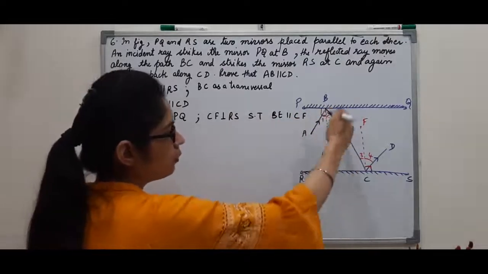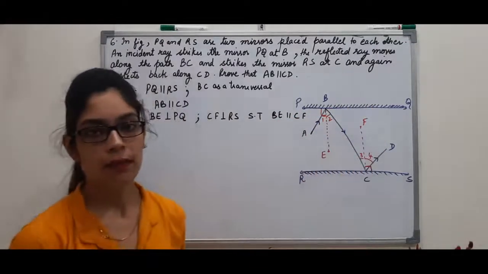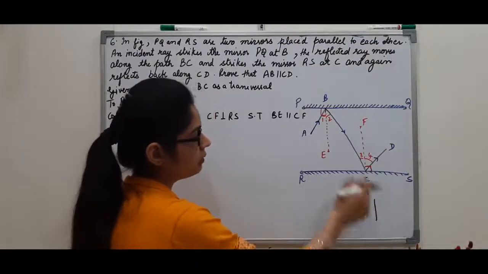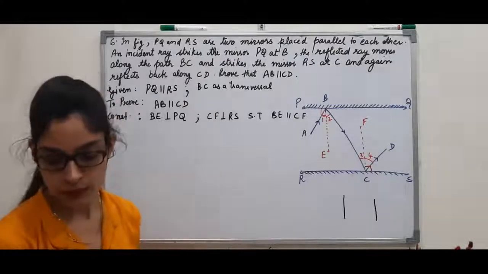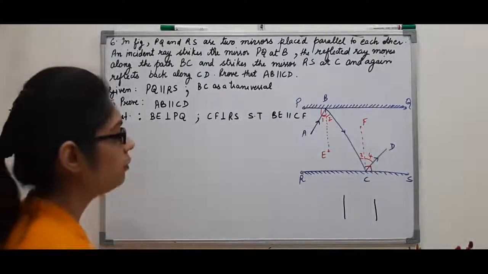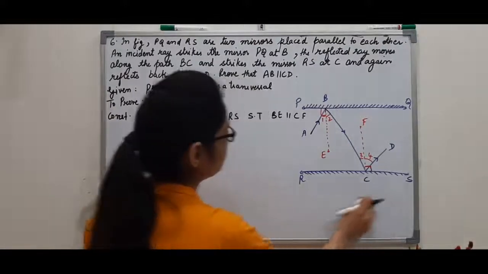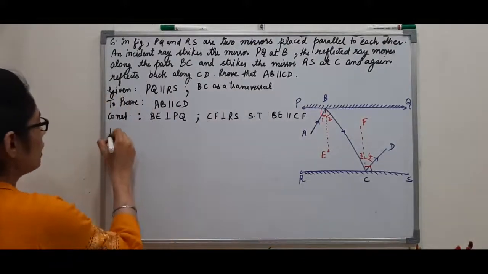See, because both of these lines are making an angle of 90 degrees. 90 degrees means completely straight, which means these two lines are parallel to each other. So this thing we can mention in construction. Now let's start with the proof.